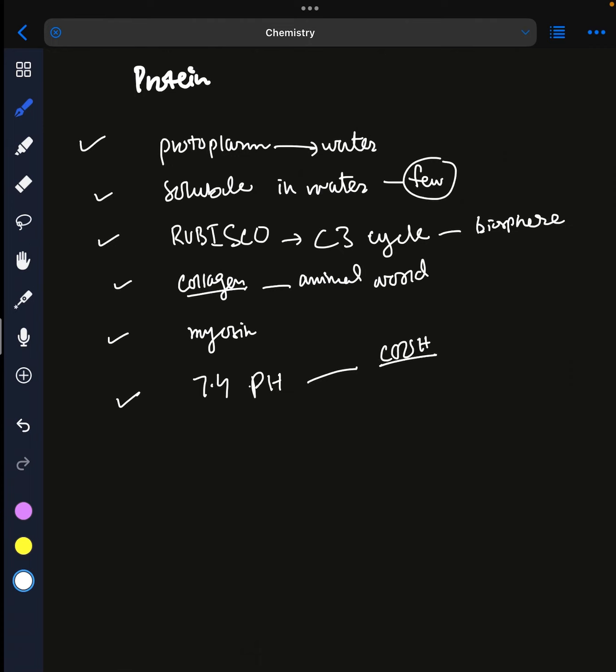It means the carboxyl group is acidic, right? But in the case of amino acids, when the pH is 7.4, this carboxyl group will work as a base. Quite interesting, right? Then the melting point of amino acids is more than 200 degrees centigrade. That's quite a large number.